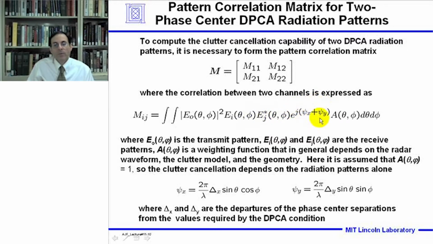And there's a phase factor, which takes into account the phase center separations. There's an amplitude weighting function that would depend on the radar waveform, but in this lecture we assume that A is just equal to 1, so that the clutter cancellation depends only on the radiation patterns alone. And we're integrating this quantity over the observation angles theta and phi in spherical coordinates.